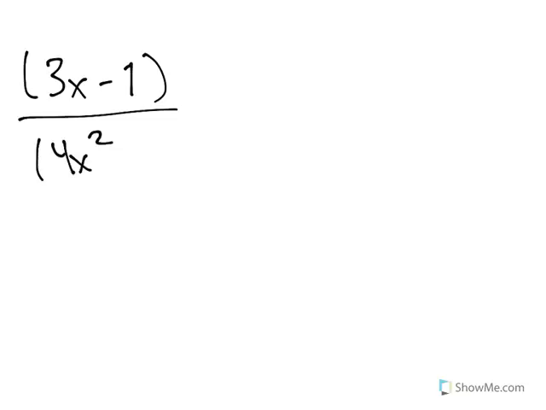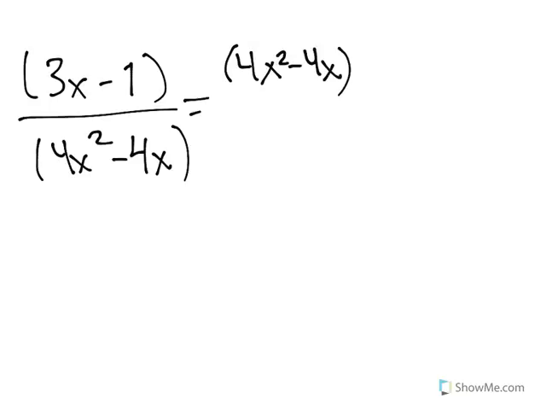Well, let's try a slightly more complicated problem. So let's say we have 3x minus 1 over 4x squared minus 4x. And so if we want to get the derivative of this, we do exactly the same we did before. So we have 4x squared minus 4x, because that is g of x, times the derivative of f of x.